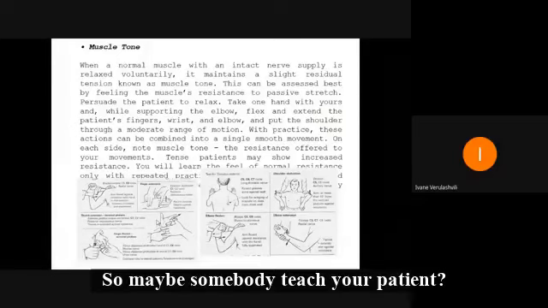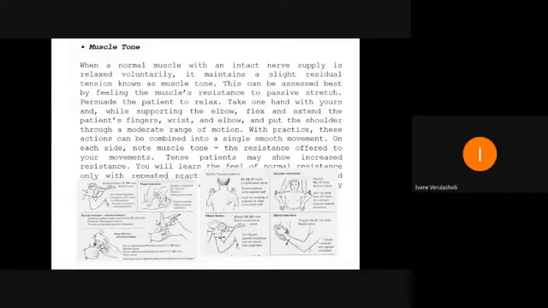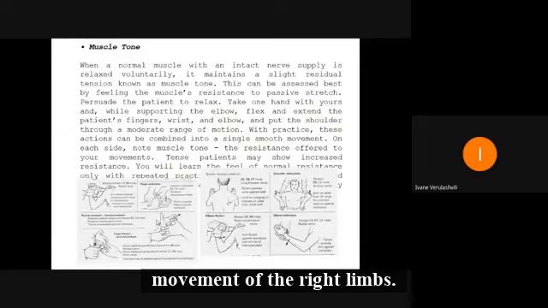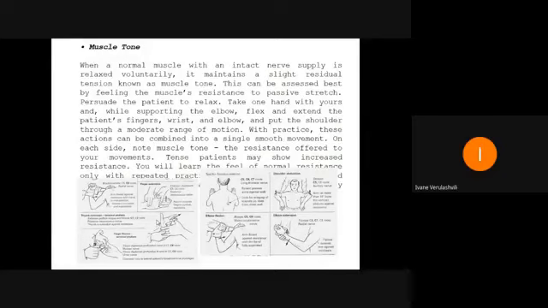So maybe somebody teaches your patient to move, for example, the left limbs, and by command not make the movement of the right limbs, to get profit from this, he imitates that he has palsy.